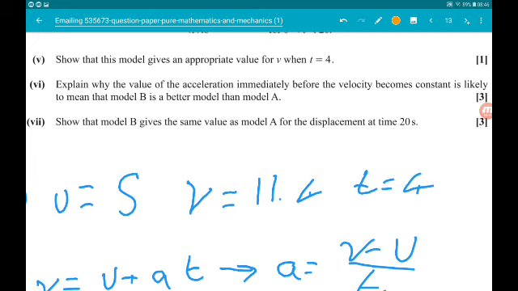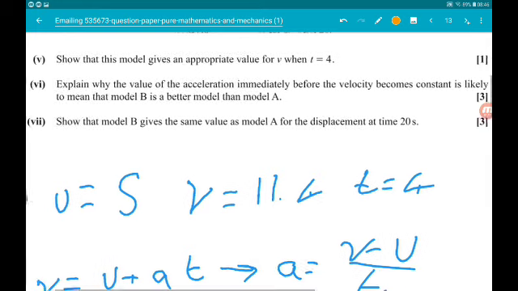You're going to accelerate fastest at the start, and then your acceleration is going to start decreasing and decreasing until you reach your maximum velocity. So what we are going to do with model B is find the expression for the acceleration and check what it is at t equals 8.